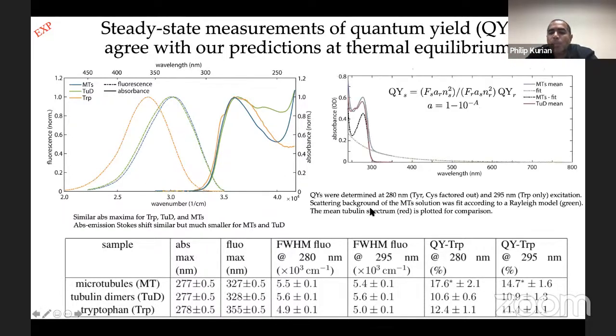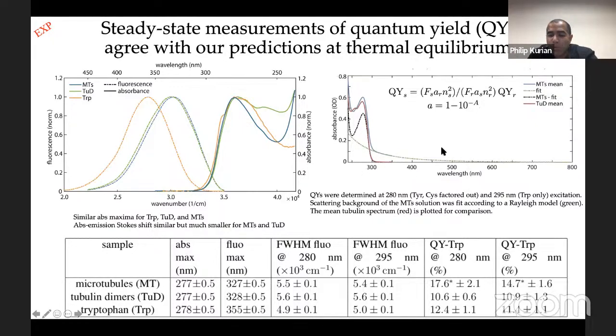Now, we determined the quantum yields at both 280 nanometers, where many chromophores absorb, and at 295 nanometers, where only tryptophan is the only amino acid that absorbs. So we've subtracted the scattering background of the microtubules according to a Rayleigh model, and the mean tubulin spectrum here is plotted in red for comparison, and you can see excellent agreement there.